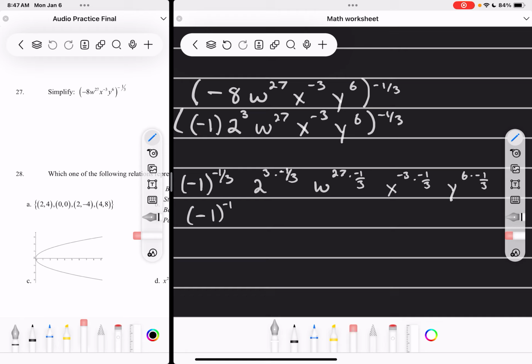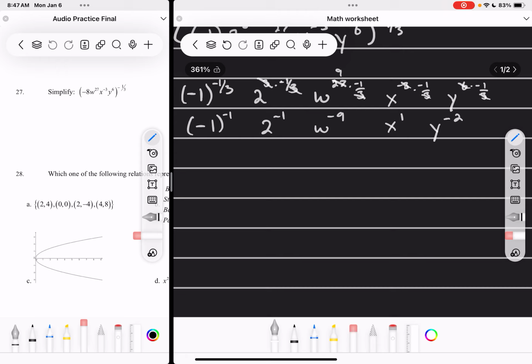Next one, our 3's will cancel, leaving us with 2 to the power of negative 1. 3 goes into 27 9 times, so we end up with w to the negative 9. Next one, 3 and 3 cancel, so we end up with x to the positive 1. And then we have y, 6 and 3 makes a 2, so negative 2.